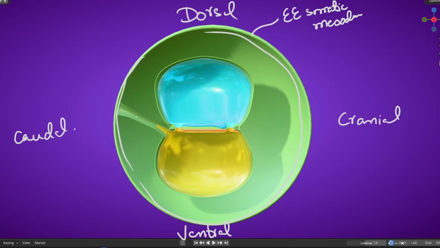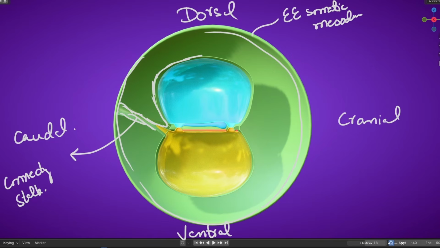And then here we have this connecting stalk. This extraembryonic somatic mesoderm from the connecting stalk is continuous outside the amniotic cavity. Basically, this bluish one is the amniotic cavity.